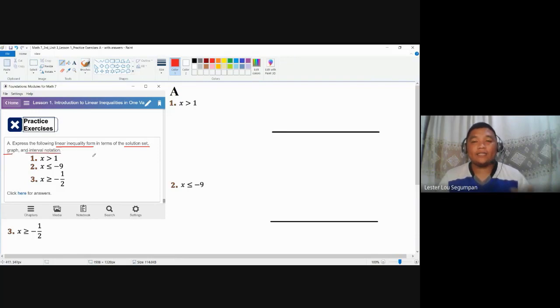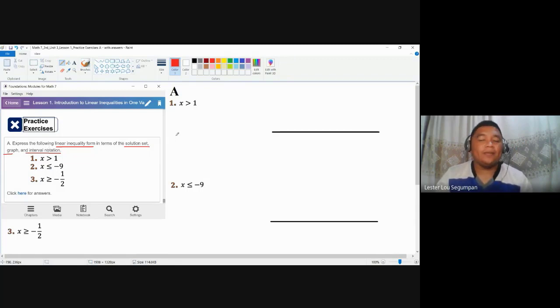Since we cannot list the solutions for linear inequalities, just like in number one, x is greater than 1, some of you might say 2, some of you might say 3, some of you might say 500, 1 million, even 1 and 1/2, 1 and 1/3, 1 and 1/4. There are infinitely many possible solutions there. So we could express them in these three forms.